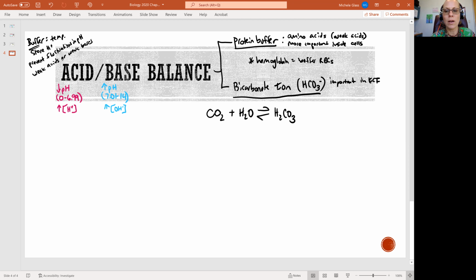And we have our arrows here to show that this is a reversible reaction. And then we can do another set of reversible arrows to represent carbonic acid easily breaks down into hydrogen ion and bicarbonate ion. And so here is our carbonic acid, which is a weak acid, and here is our bicarbonate ion.